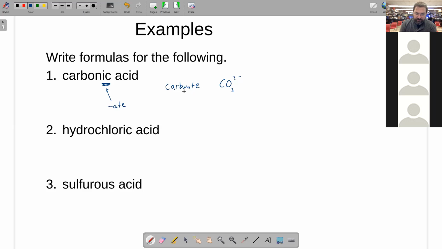And all acids are always hydrogen along with some kind of anion. So the formula had to have hydrogen along with carbonate. And when you put the hydrogen and the carbonate together, you get H2CO3. So as an acid, H2CO3 is called carbonic acid.